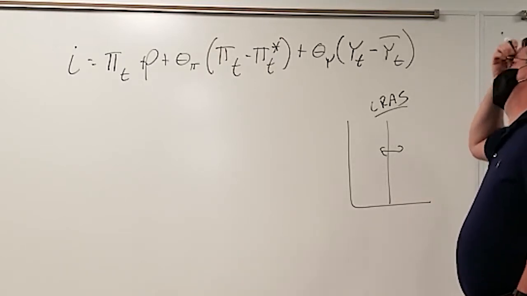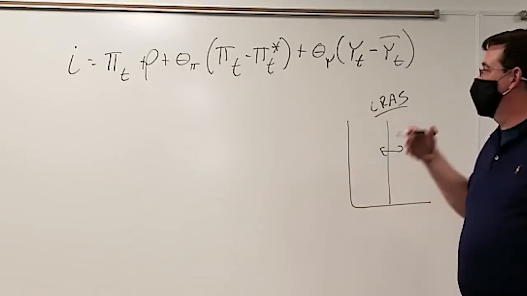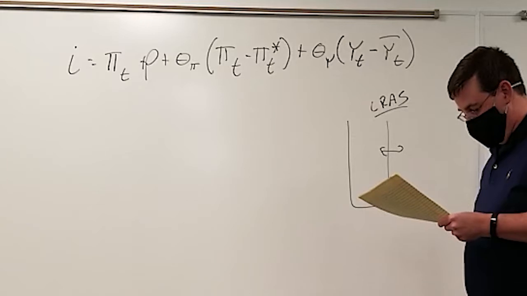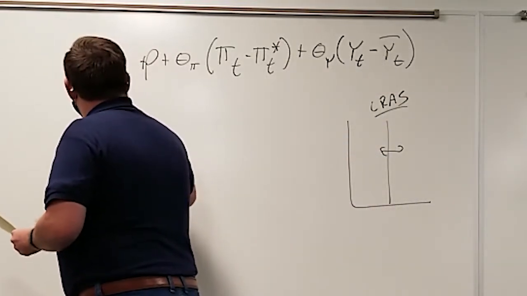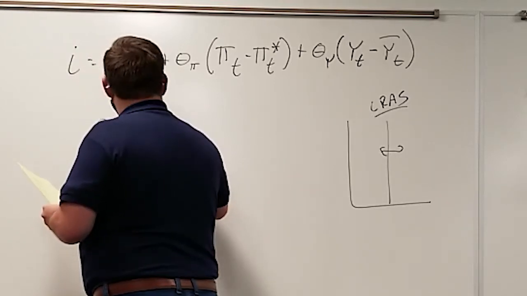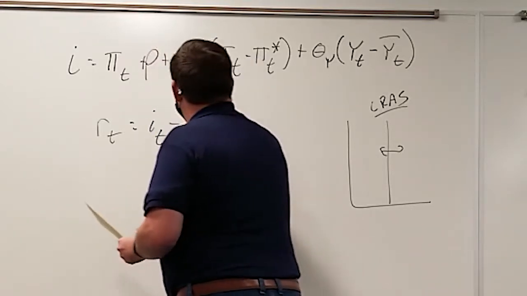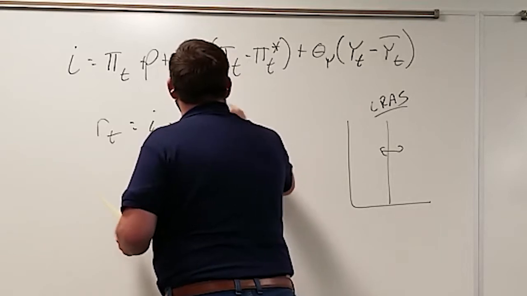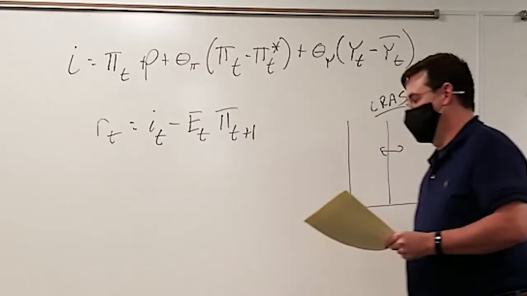It's huge. It's a big model. And walking through it like this, talking yourself through the equation a couple of times will help you to gather more of the intuition involved there. One thing that you're going to want to remember is that the real interest rate is the difference between the nominal interest rate and what our expectations today are about what inflation is going to be when we observe it tomorrow.